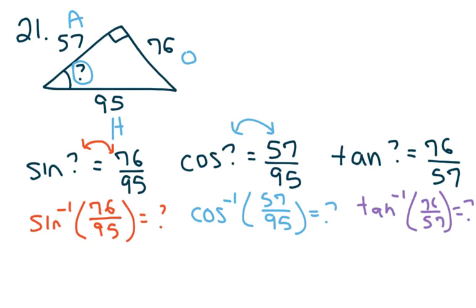Alright, and what's cool about this is that when you punch it in the calculator, for any of these, you'll get the same answer. So for this one, I got 53 degrees when I rounded it to the nearest whole degree. And you'll get that for all of them.